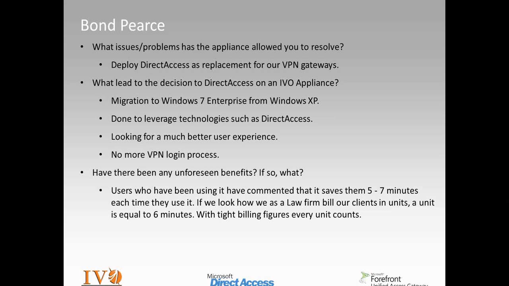And so that's another value add to the appliance, and what Eric mentioned way in the beginning about how IVO Networks is developing software to enhance the DirectAccess stack, as we call it.